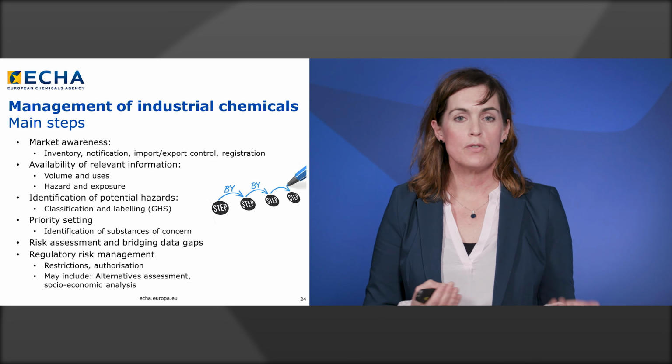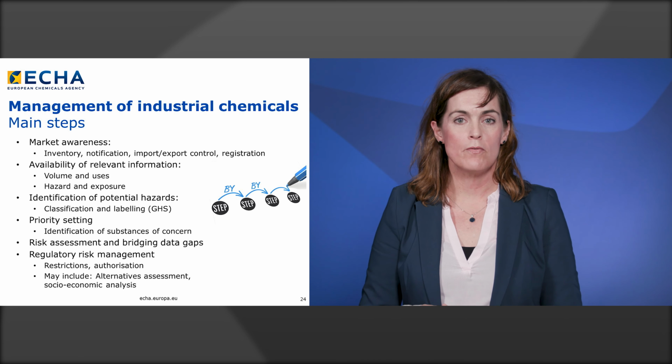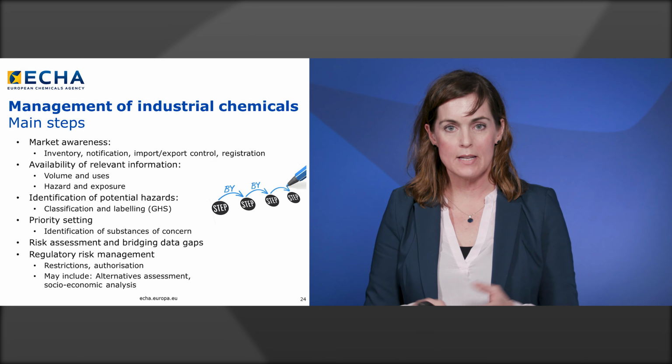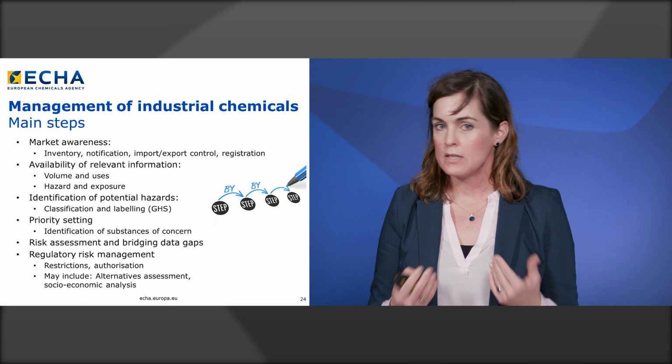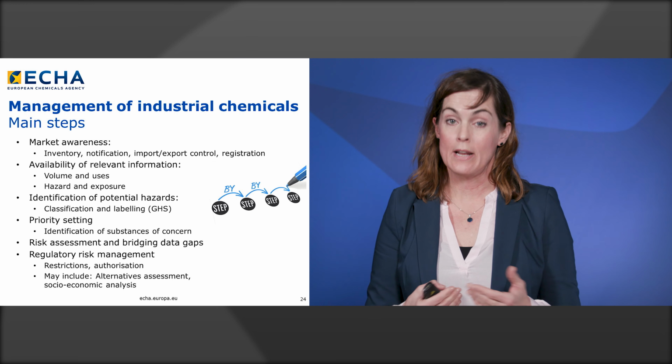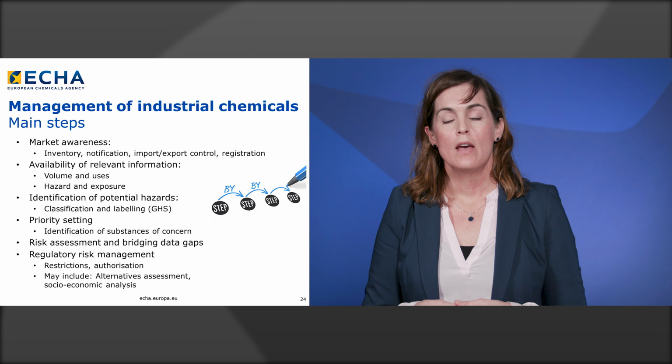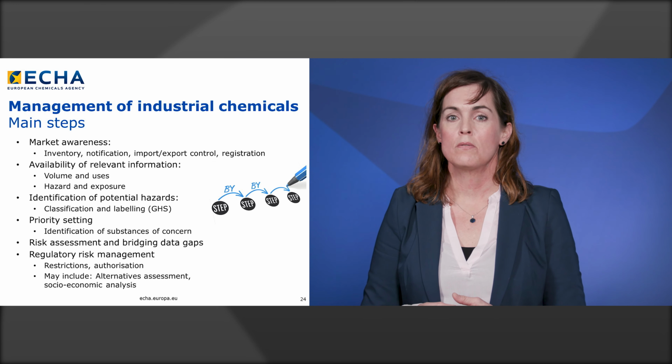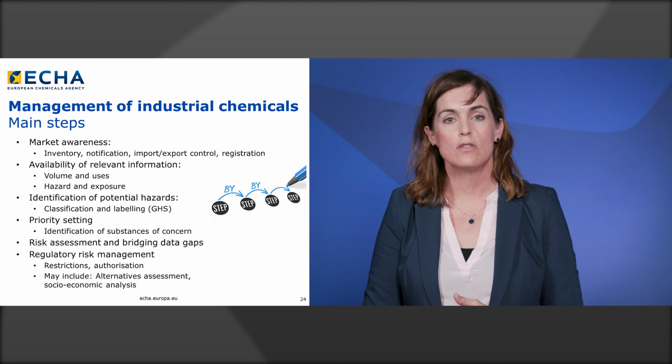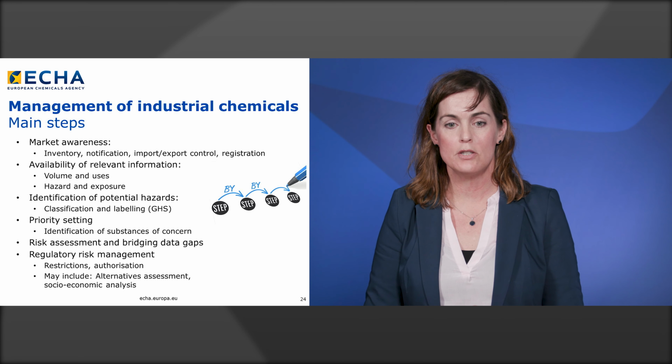You do it through import and export control. Maybe the Rotterdam Convention can help to get an understanding of chemicals that are imported to or exported from your country. And you can also choose a registration scheme like we have under REACH.